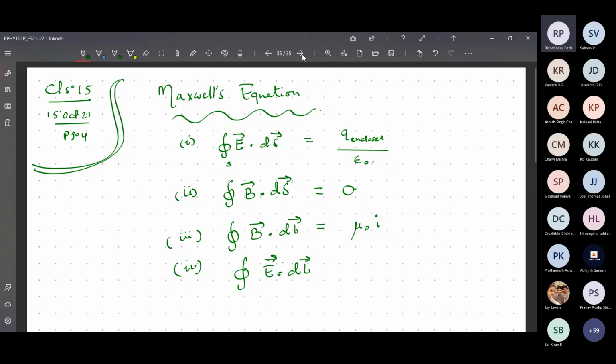No, no, no, no. There are many other things. You are forgetting that E dot dl will be your electromotive force, the calligraphic E. Remember the electromotive force? This thing is in your class 2 level, isn't it? Yes, sir.